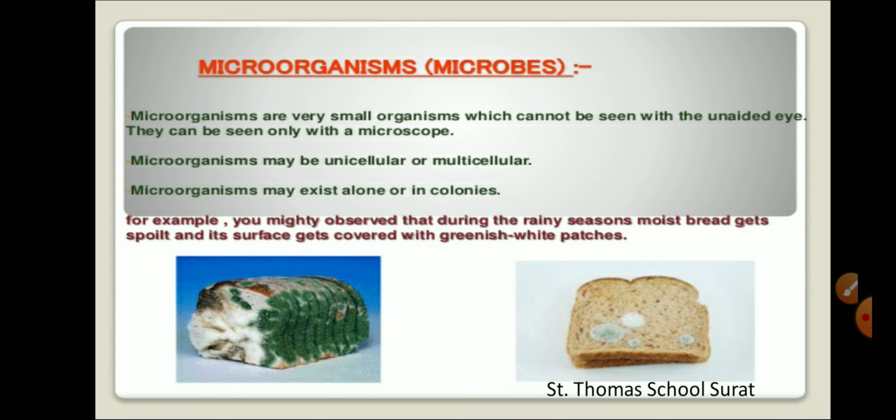What is a microscope? A microscope is an instrument that makes use of lenses to make smaller objects appear larger. Usually a compound microscope is used for viewing tiny organisms, isn't it? So there are different parts of a compound microscope. Understood? There are different types of compound microscopes.